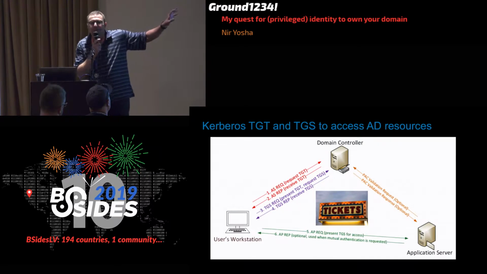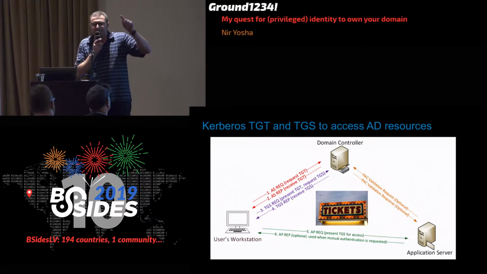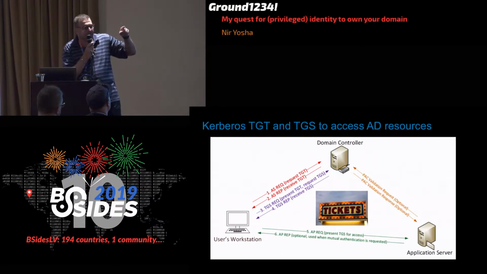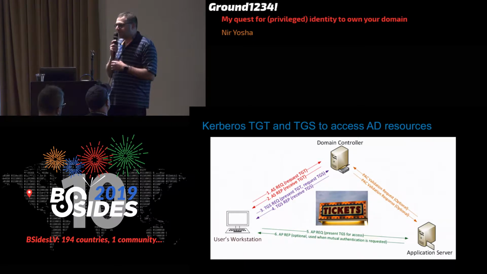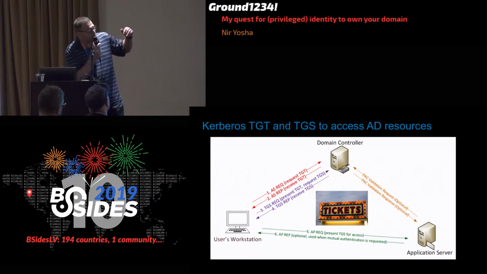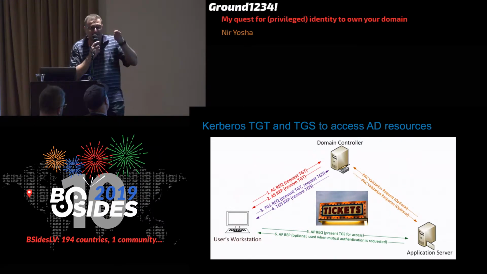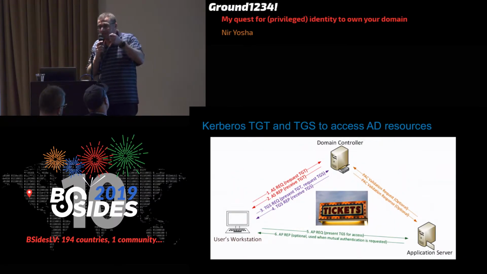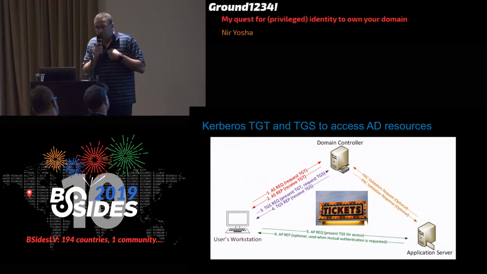So there's two things that you need to know about Kerberos. Two types of tickets: TGT, ticket granting ticket, and TGS, ticket granting service. The way authentication in Active Directory works is I authenticate myself in front of Active Directory, and then I get the TGT. This is the ticket that proves that I am who I claim I am.